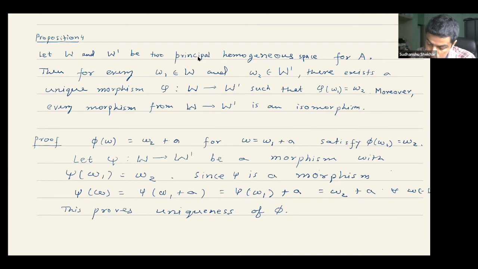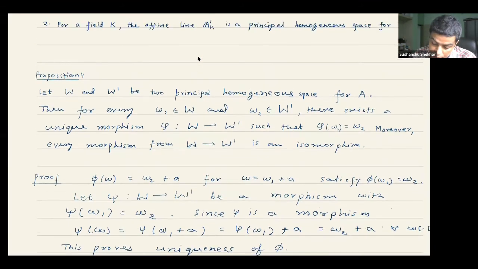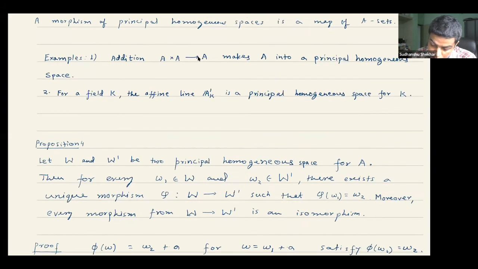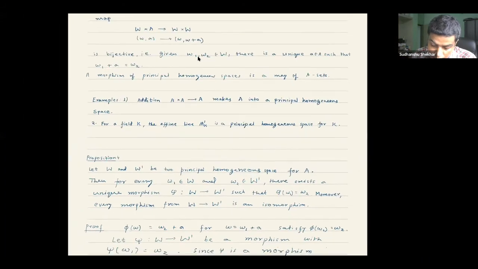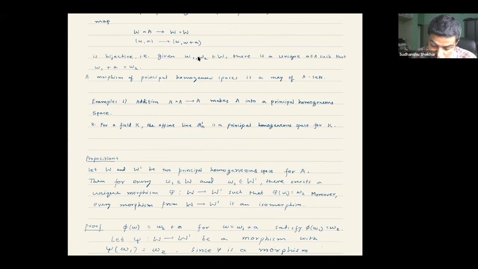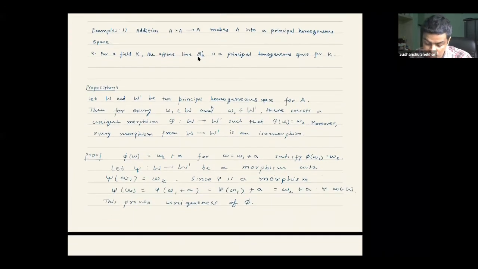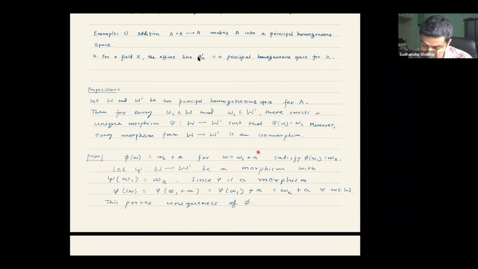So how do we do it? We use this property that given two elements W1 and W, there exists a unique element A such that W equals W1 plus A. That's what we will use. So given an element small W belonging to capital W, we have a unique A such that W equals W1 plus A, and using that we can define a function.